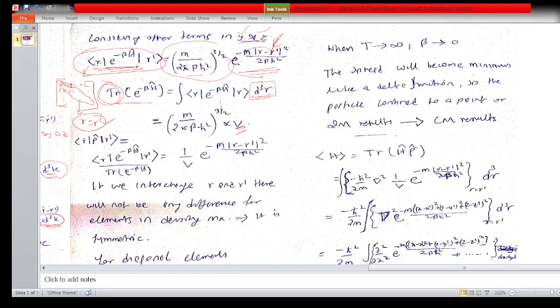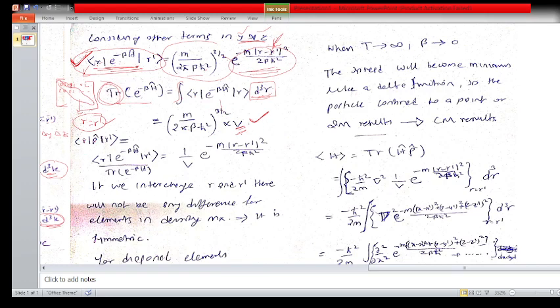So this term will not exist, and you only have to take the integral of d³r, and that will be your volume. This is the trace of that particular matrix e raised to minus beta H, where the matrix has all those elements. If you take the trace, you will get this particular expression.